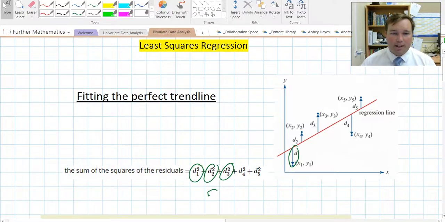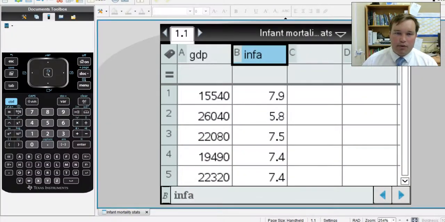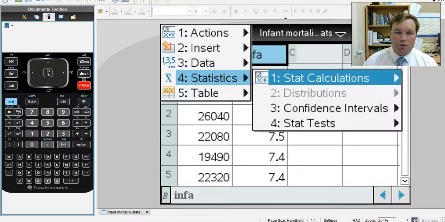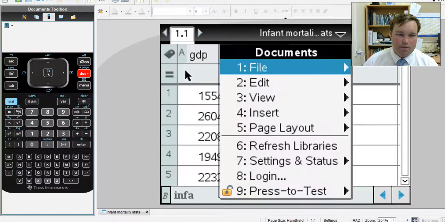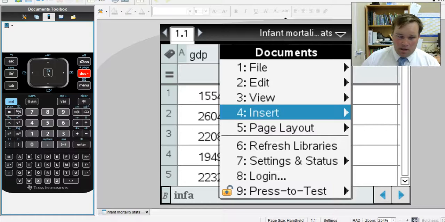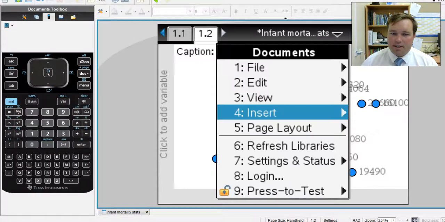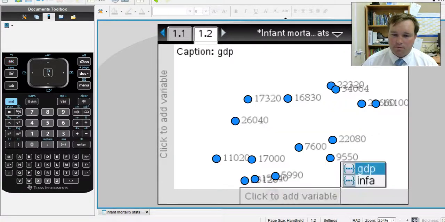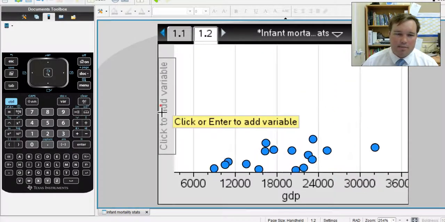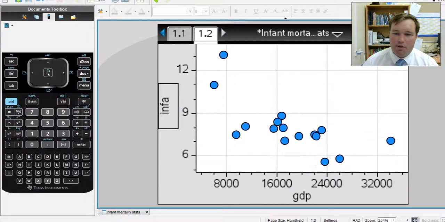So what that looks like on our calculator is, if we have GDP versus infant mortality rate, we could insert a document. Control I will get you insert, Data and statistics. GDP is the explanatory variable, infant mortality a response variable.